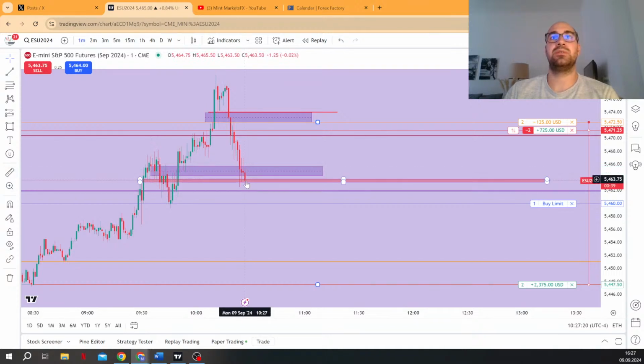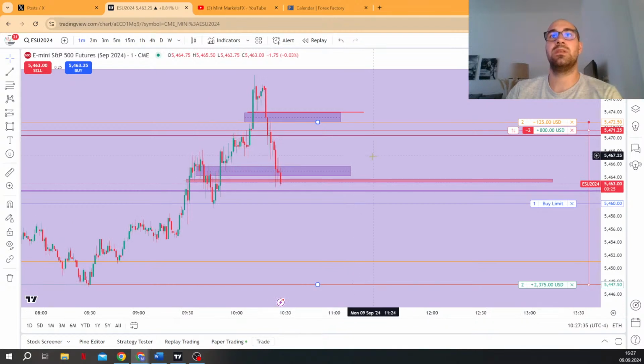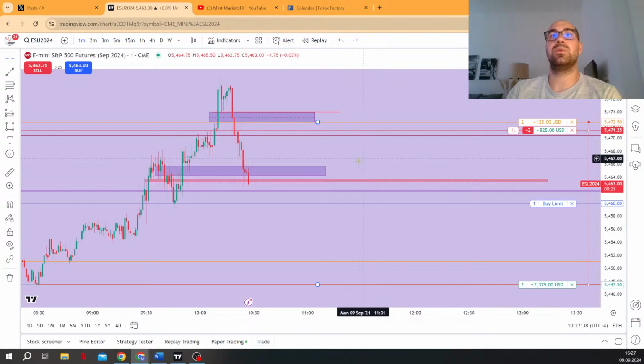We should go lower here, break through this inversion fair value gap, break and close below this first presentation here. And we will manage the trade from here.